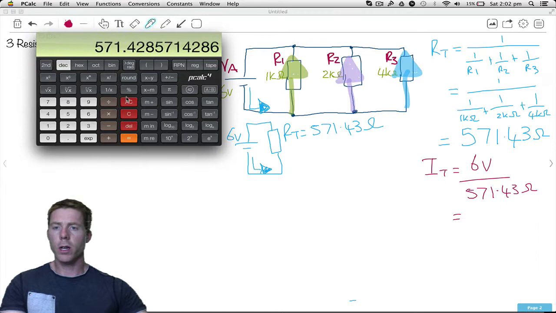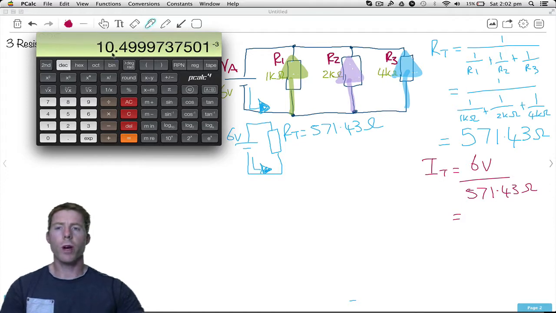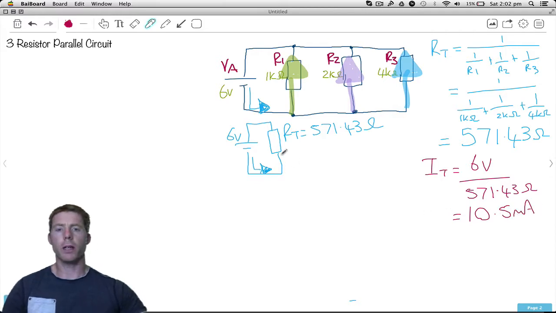And the total current we'll get is going to be 6 volts divided by 571.43 ohms. And I'm getting 10.4 with lots of 9s, and that's milli, because it's negative 3. So we'll round that up to 10.5 milliamps.